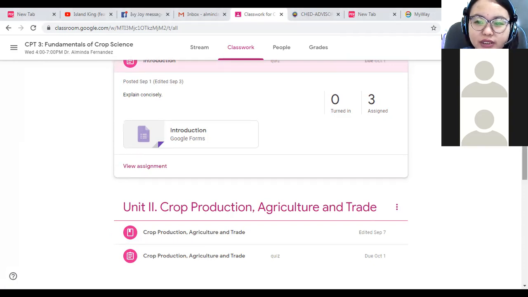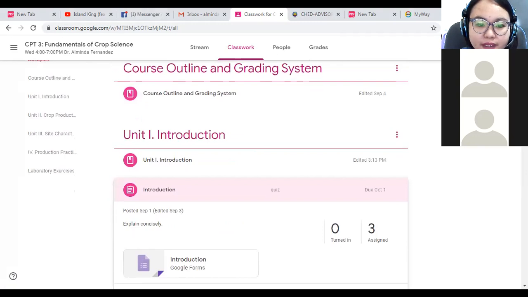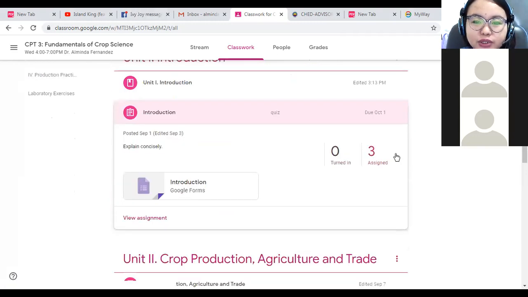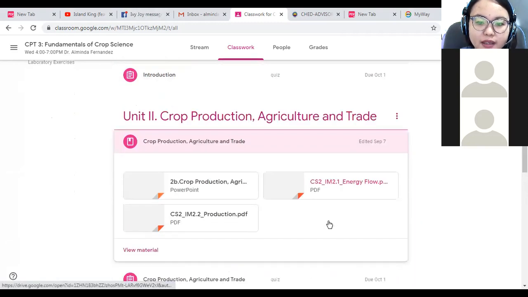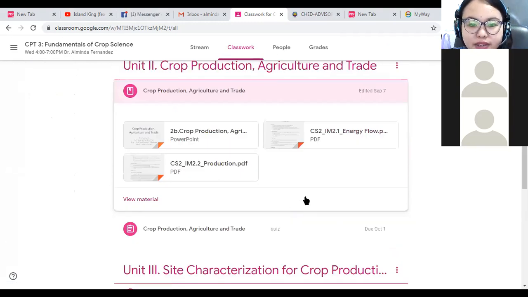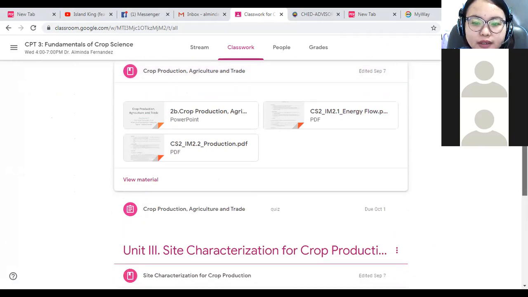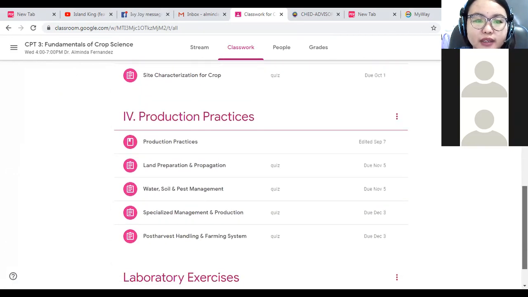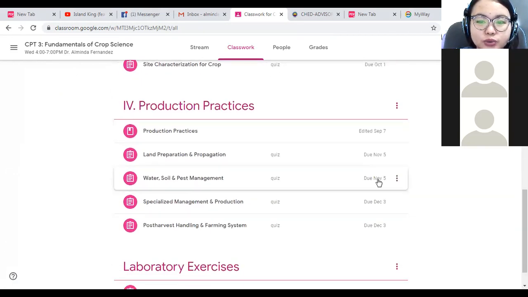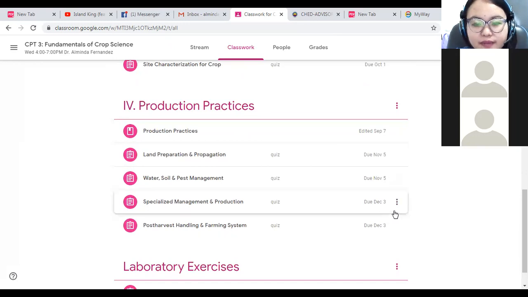If we finish the introduction, you can answer this anytime, basta by October 1. And then Unit 2 has its learning materials plus the quiz, which is also due on October 1. Unit 3 is also October 1, and Unit 4 is due on November 5 and December 3.